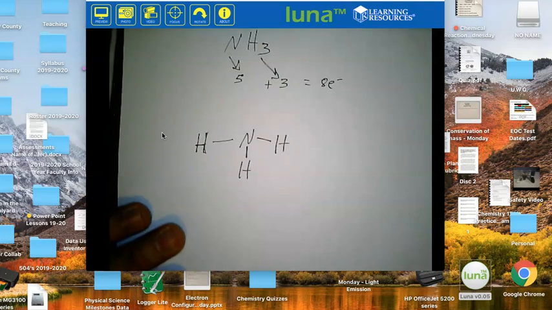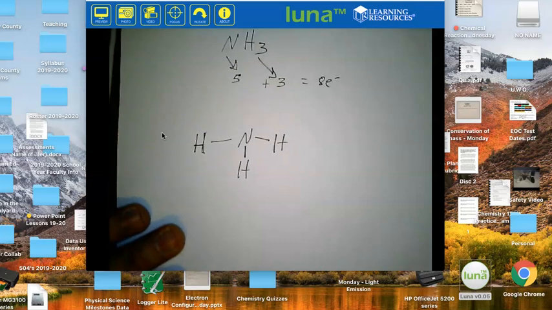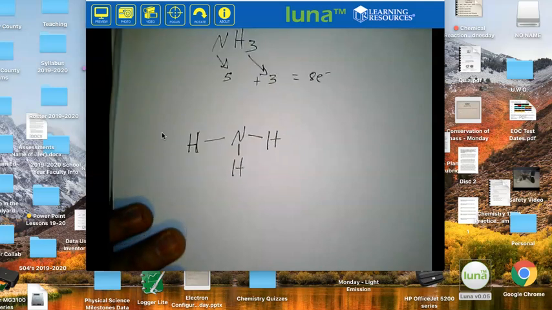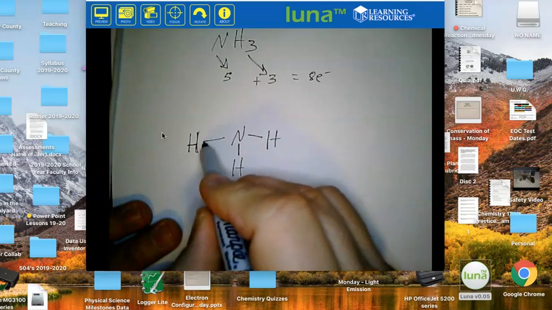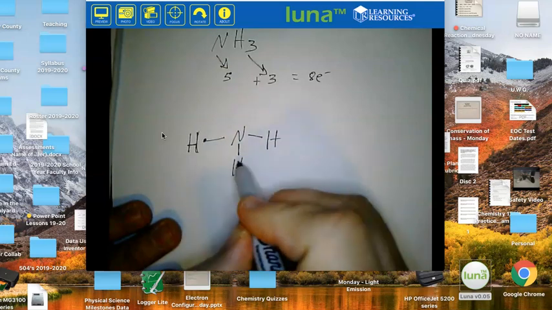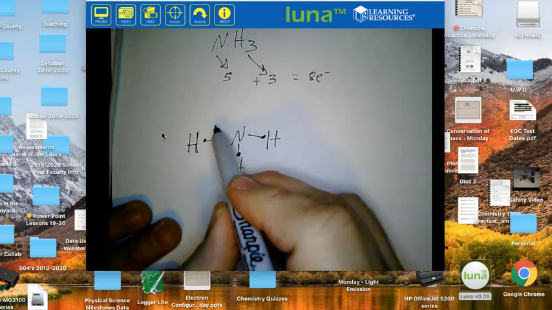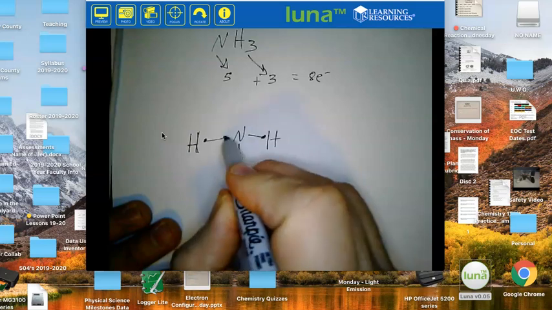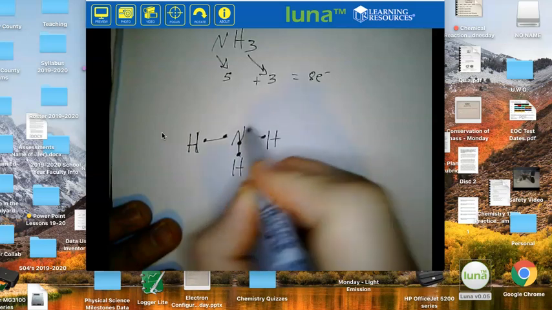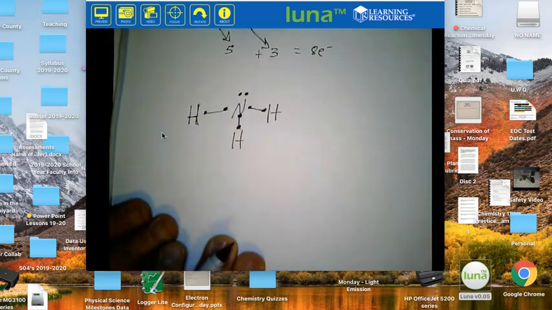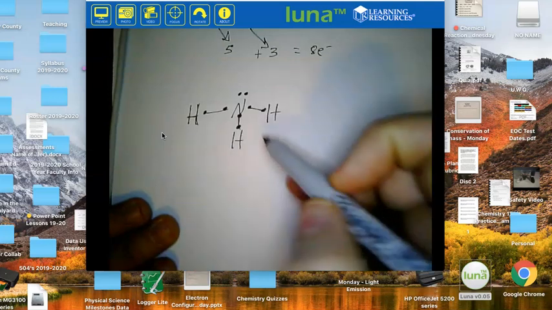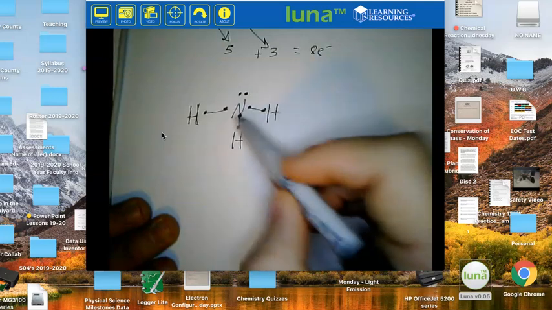All right, so I went ahead and drew out my structural formula. And now I need to assign electrons for every element. So here, this hydrogen has 1, this hydrogen has 1, this hydrogen has 1. Nitrogen has 5. 1, 2, 3, 4, 5. Now that I've assigned that, let's see if that's going to work out for nitrogen. 2, 4, 6, 8.